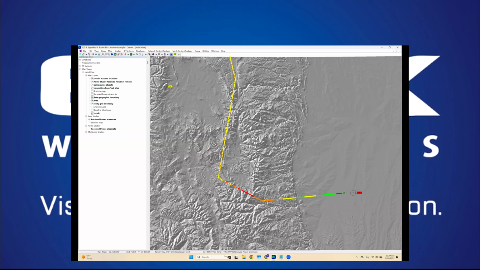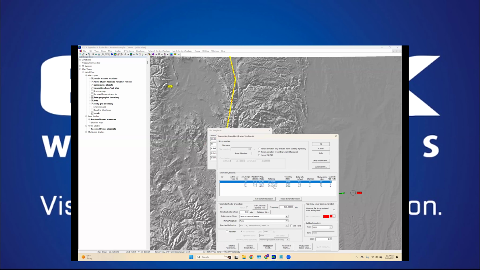What I would do in here is set up a site template for my 5G band, and I would come in here and maybe set up the configuration, the link budget detail, the frequency, all of that kind of thing. But then crucially, when I set up the template for these sectors, I'm going to choose my 5G system type.